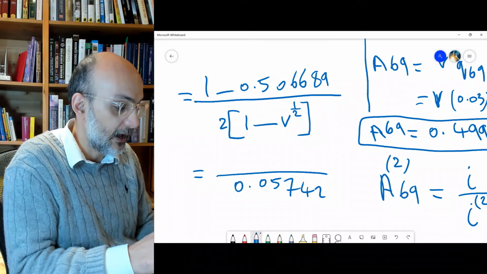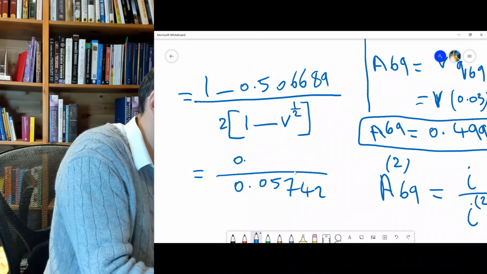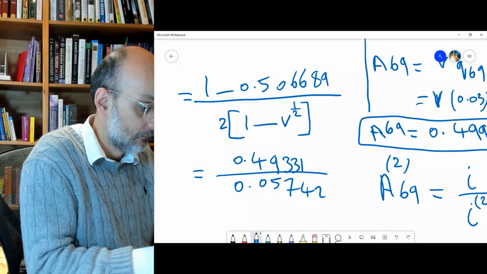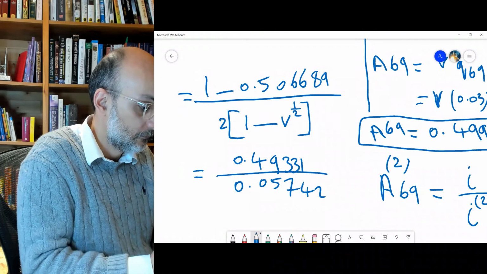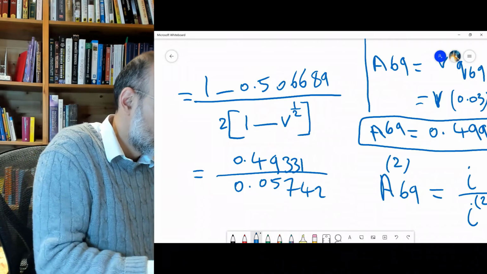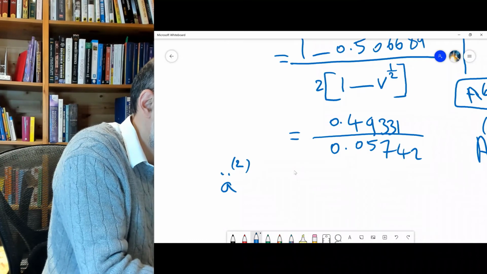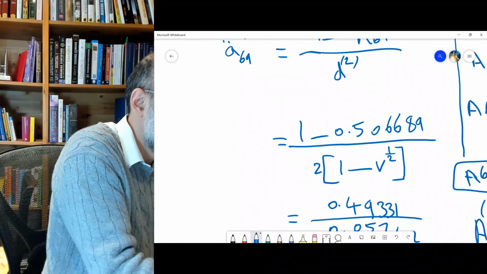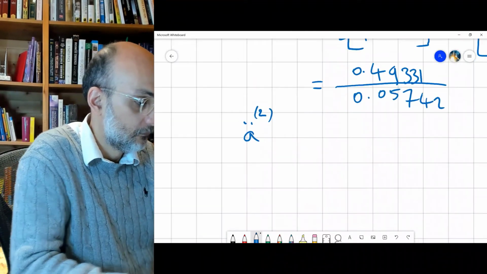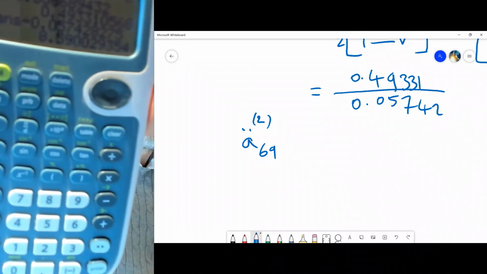I keep everything in the calculator so I don't miss any number. So this one, just for you to see what you would get as the answer for A(2)69, to 69, was it? Yeah, 69. What you would get on the calculator is 859.